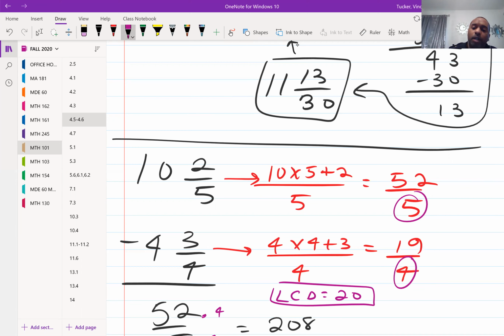Once again, we need common denominators. And that 5 and 4 will help us to find the LCD of 20. 20 is the smallest number that 5 and 4 can divide into evenly.